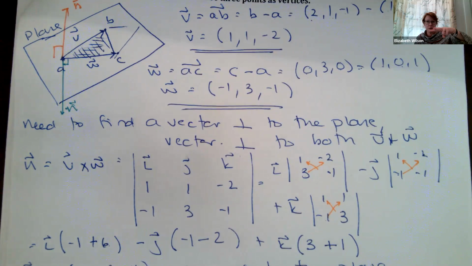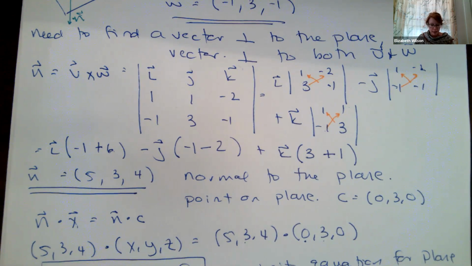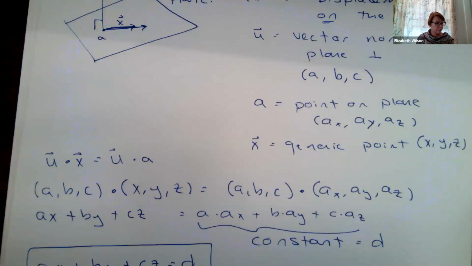So the two vectors are on the plane, and now I'm creating that vector that's normal to that plane. Now I have a particular point on the plane, which we said was 0, 3, 0. We chose that one, that was our initial point. Actually, it didn't even matter. It didn't have to be the initial point, it could be any. And I used that normal vector to create my implicit equation. So that was example 3.